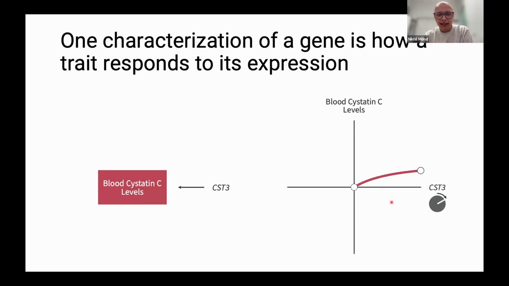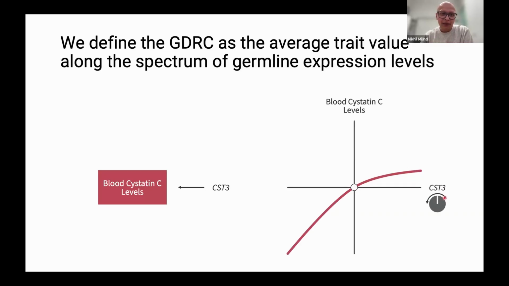On the other hand, if I could increase germline CST3 levels, then maybe I would expect an increase in blood cystatin C levels. And this full spectrum of the response of a trait to titration of germline gene expression levels is what my lab calls the gene dosage response curve. The idea is how does a trait respond to changes in gene dosage of this specific gene.